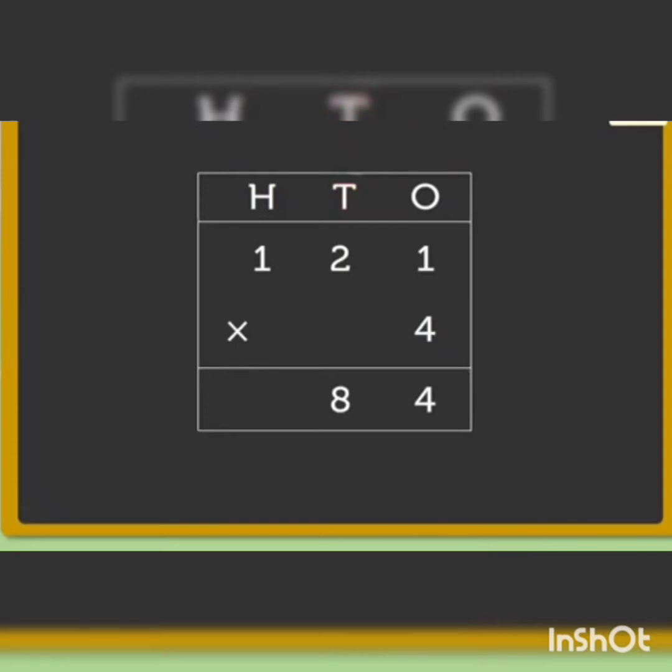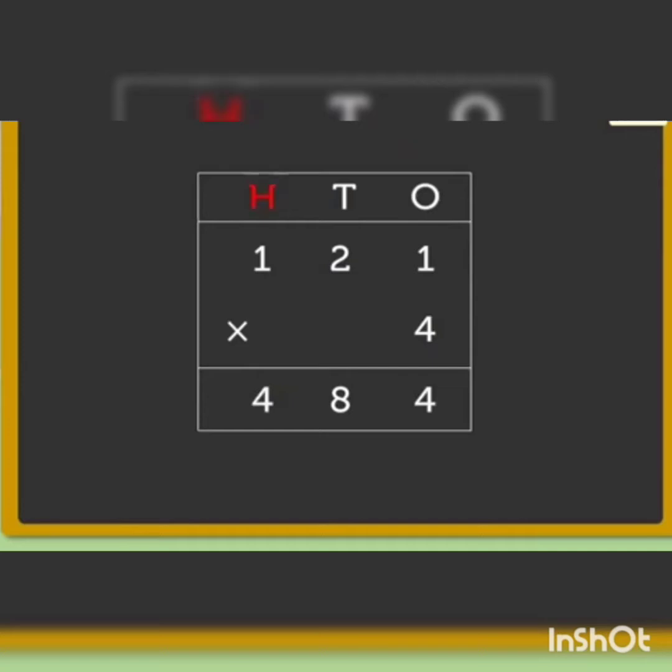Then we have to multiply the digit at the hundreds place. Here again at the hundreds place the digit is 1. So 1 into 4 is equal to 4. Any number multiplied by 1 gives the same number.